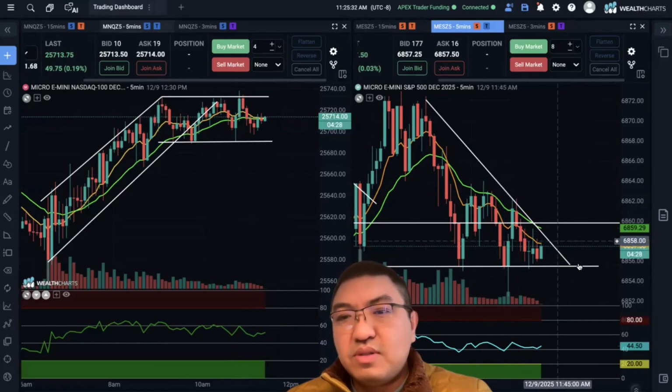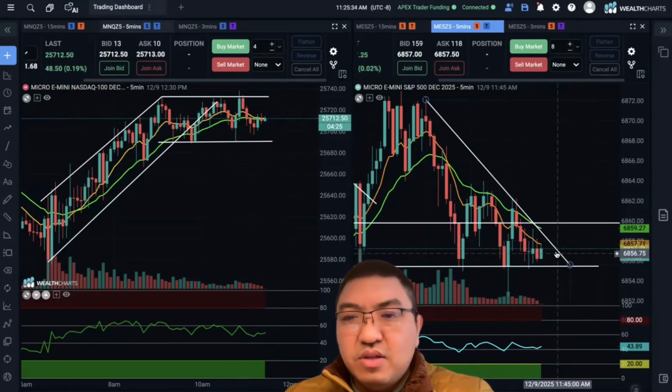So it is sideway in this area. Not worth trading.